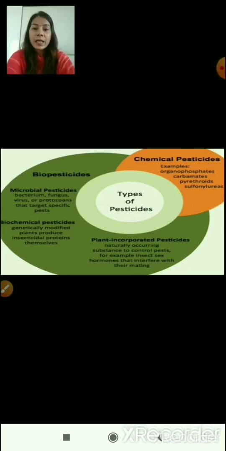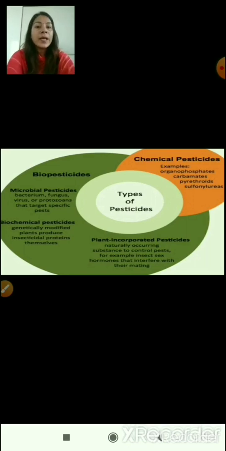Biochemical pesticides are genetically modified plants that produce insecticidal proteins in themselves. In such genetically modified plants, these plants produce certain chemical compounds which are toxins for that pest.